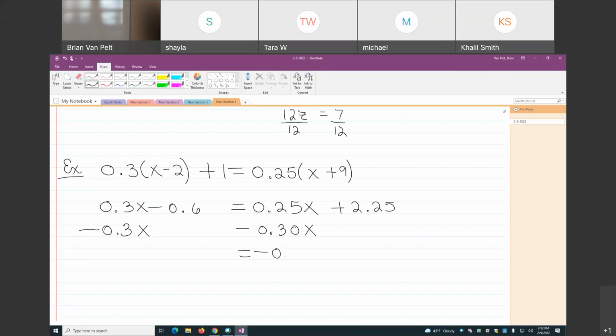Negative 0.05x. So we have negative... What's 30 minus 25?